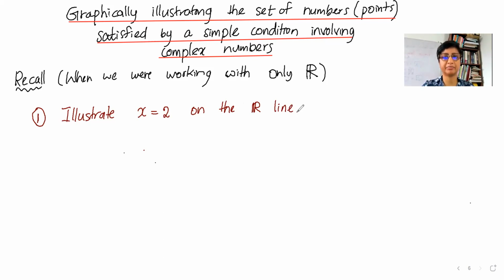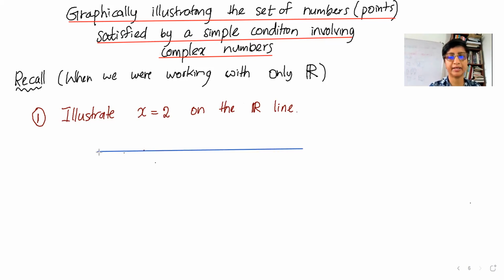So diagram. How would you do that? You would draw the number line. Some 1, 2, 3, 4, -1. Very good. Do you remember this? Like if I tell you, can you show me x equals 2 on the number line?